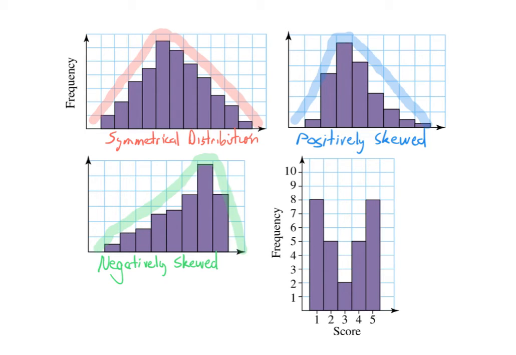Having a look at the last graph, you will see that this one has not one peak, but 2 peaks. And then it dips in the middle between the 2 peaks. When our data set has 2 peaks, we call it a bimodal distribution.